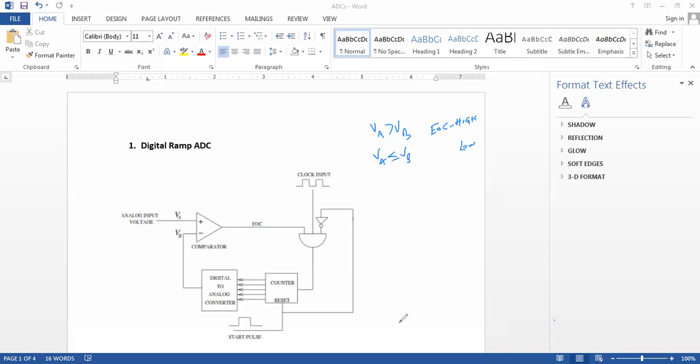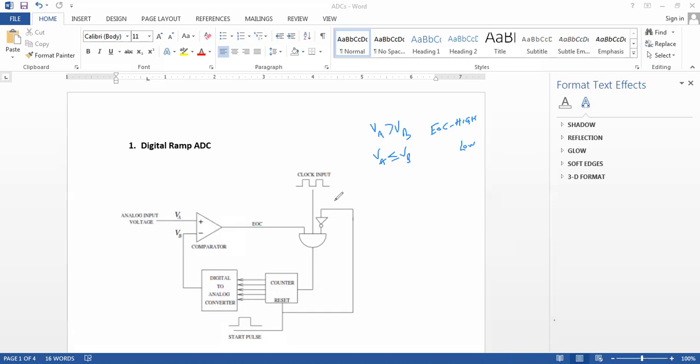This is the operation of the digital ramp ADC. Initially, a start pulse is sent to the reset pin of the counter and also as an input to the NOT gate. When that reset pulse, a 1 or high, gets to the counter, it clears the counter to start from 0.